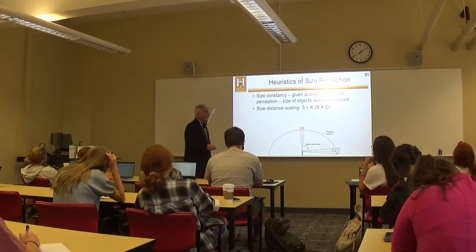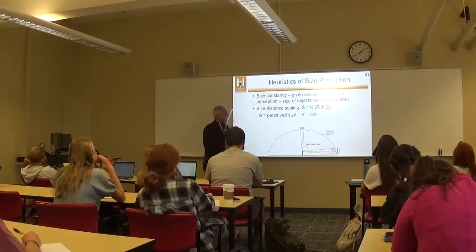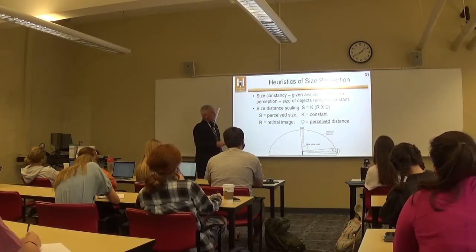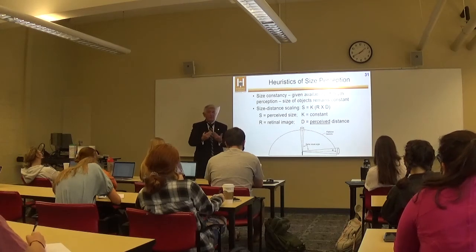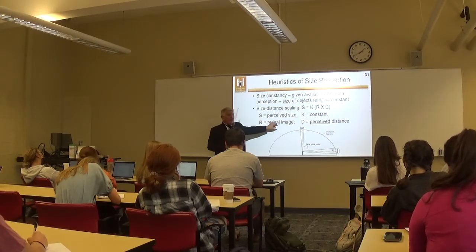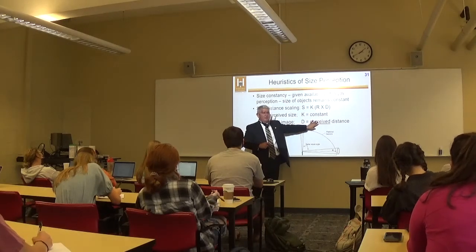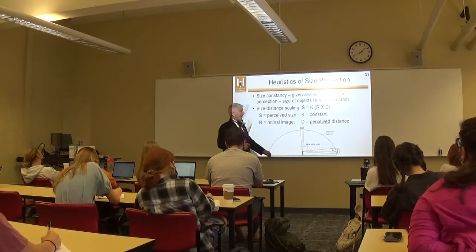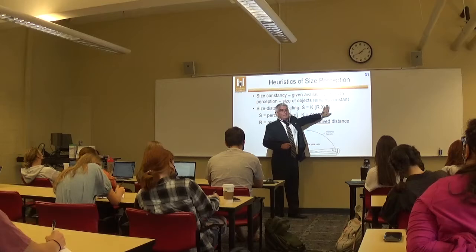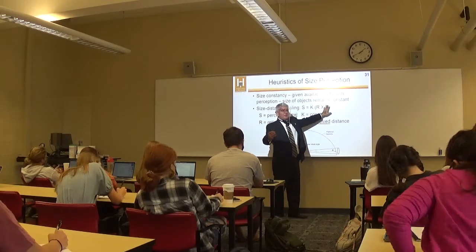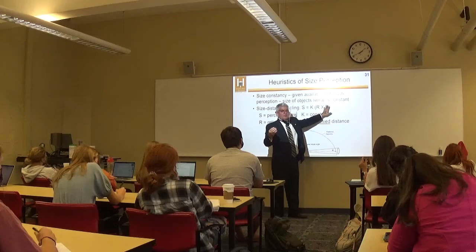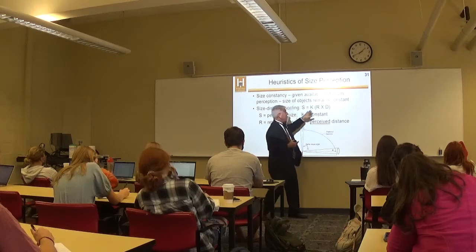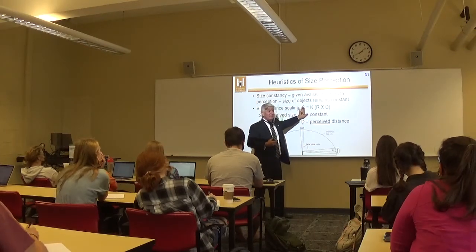And it turns out there's an equation for that, which says that your perceived size is a proportion of the retinal image and our perceived distance. So as this number goes up, distance goes up, what happens to the size on our retina? It's smaller, right? And that proportion stays constant so that our perception of that object doesn't change.